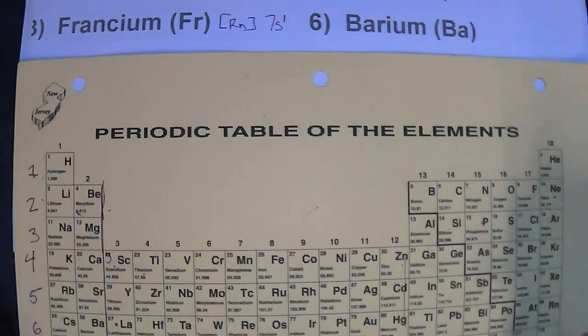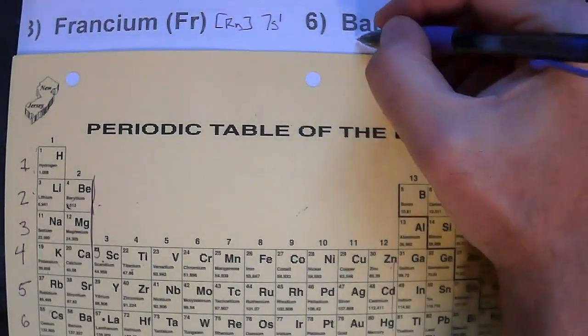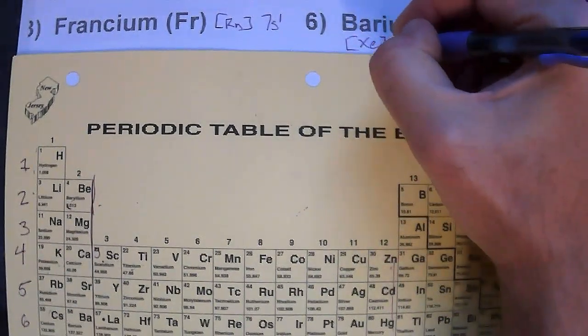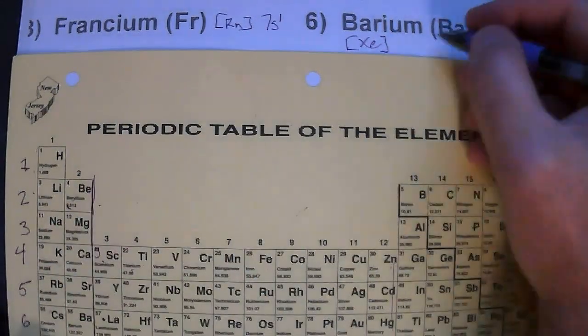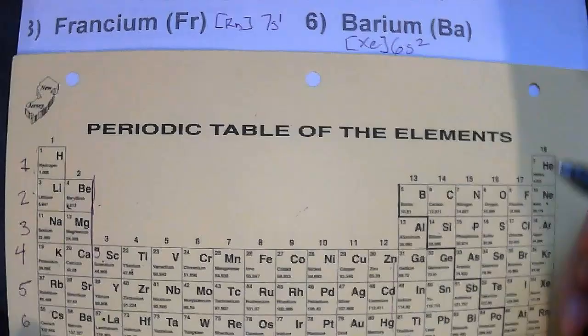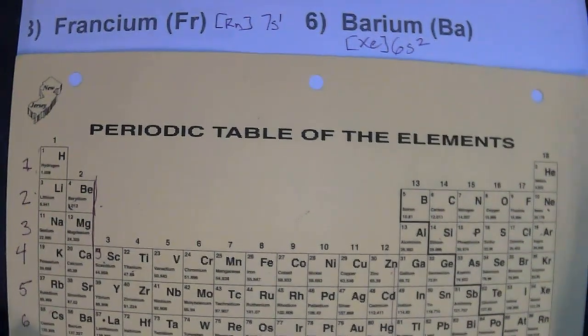Same process. Barium, we go previous by noble gas: 56, 55, 54. So that's going to be xenon. And then we're going to come down and we go to 6s2. And that saves us from having to go through all of those crazy things.